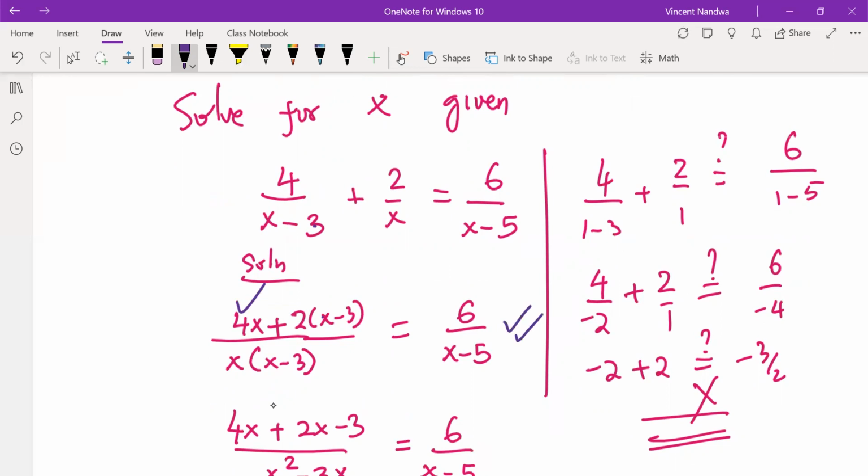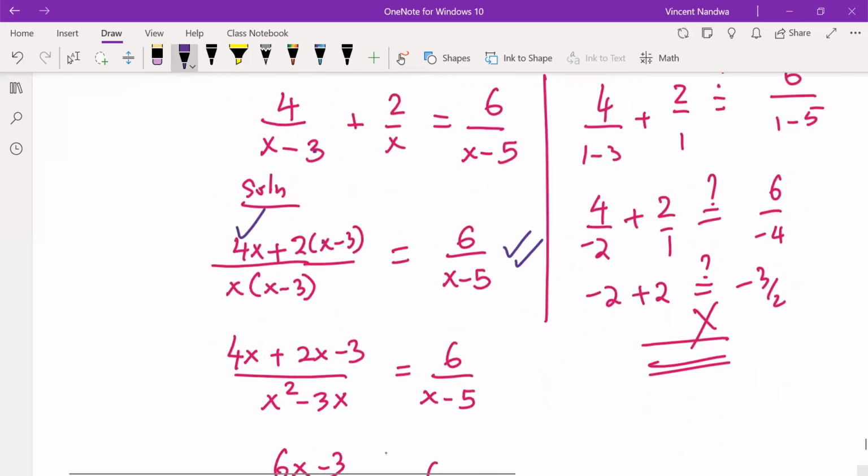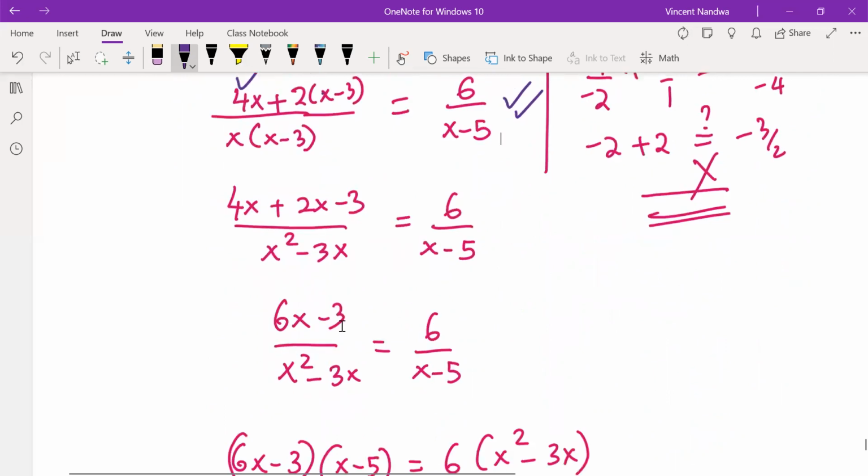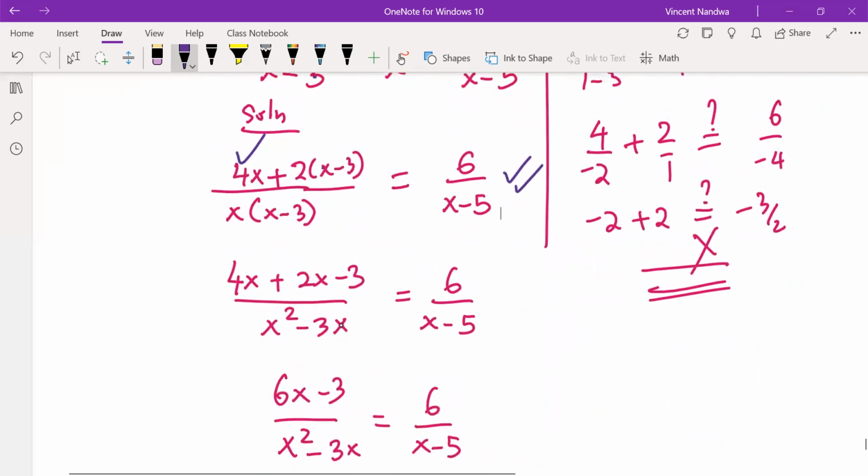So this step was correctly done. And then here we have 4x plus 2x, and you see 2 times minus 3 is minus 6, not minus 3. So the problem was here. So this should be 6, not minus 3. And you see that's what has made us get a wrong value.